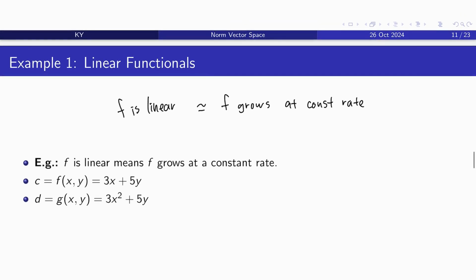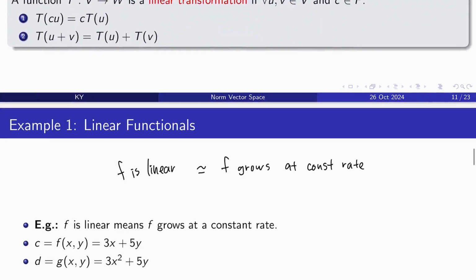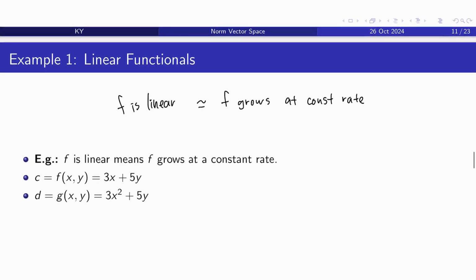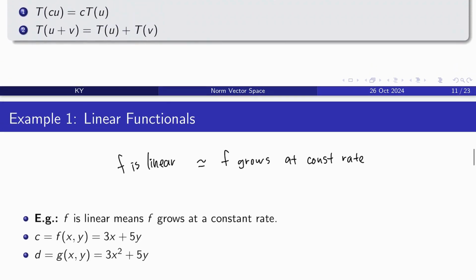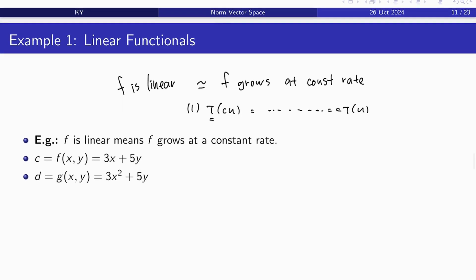I know that you learned in linear algebra that if you need to check something is a linear transformation, let's say you want to check your first condition, T of cu, you have to pull out your definition for your T, and then you have to end up on this side right here. But today I'd like to show you a different way of checking this condition.